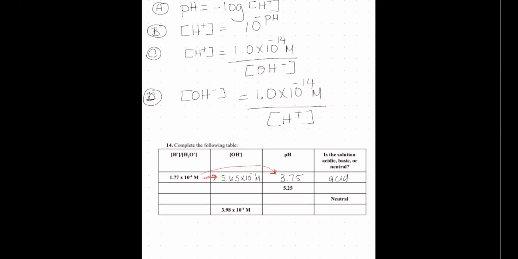Let's try the second one. I'm given pH. In terms of strategy, it should be easier, if I'm given pH, to find the H plus concentration. Which equation do I need, if I'm given pH and I need to find H plus concentration?